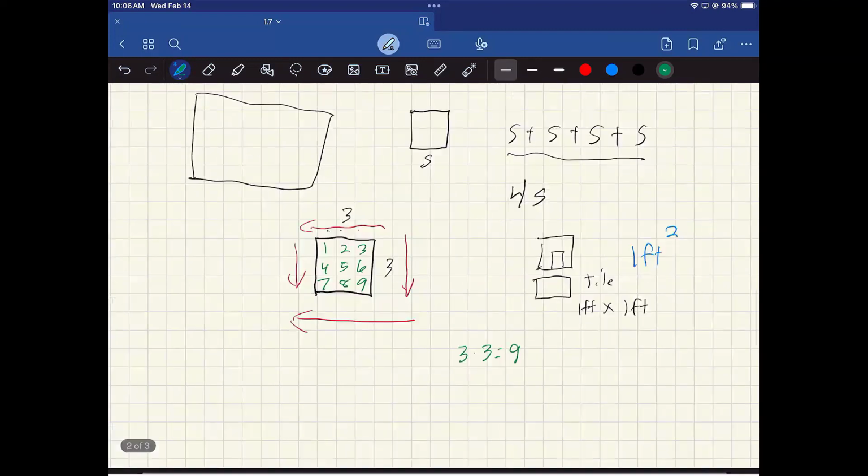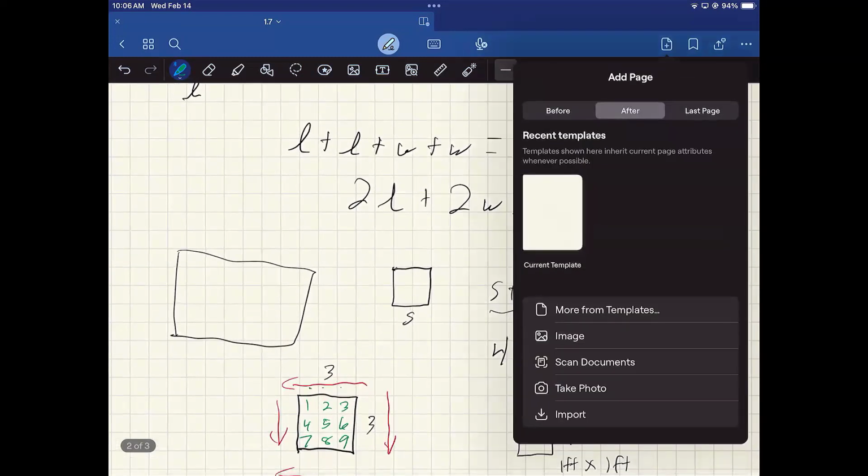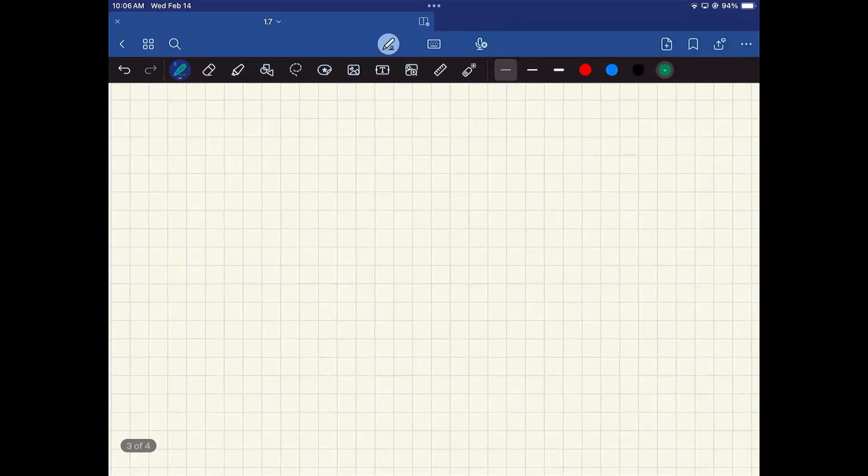So now let's go over the formula for a rectangle. Okay, we'll say it's 2. This side is 4. So the area is equal to the length times the width.